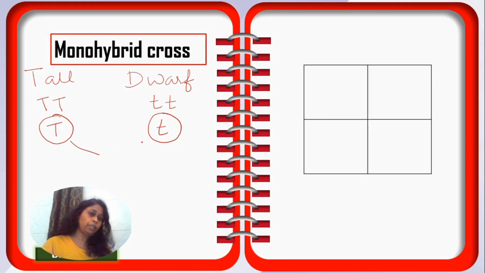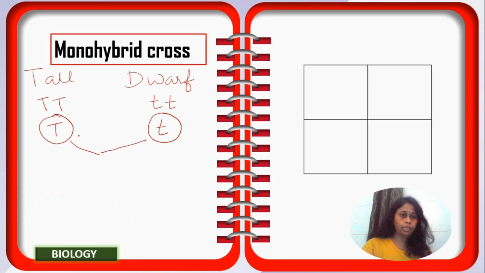And then what we need to do, we have to cross them, right? The capital T and small t, and when we cross these two, what is the resulting product? We get capital T, small t, and this is the F1 generation. So these tall and dwarf are the parents, this is the parent gamete, and this one is the F1 generation.